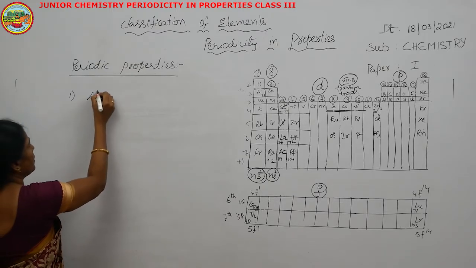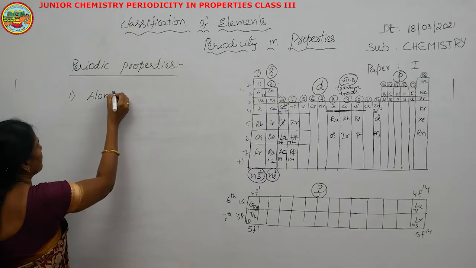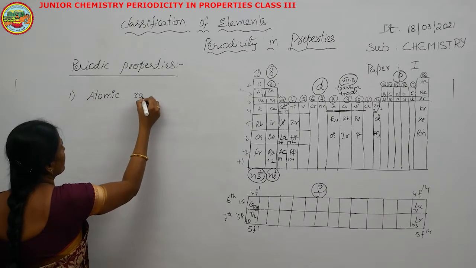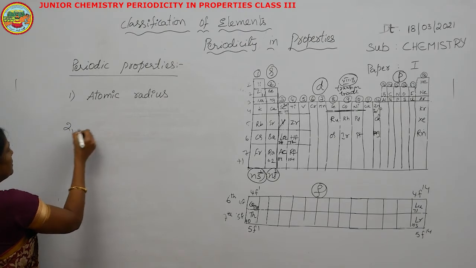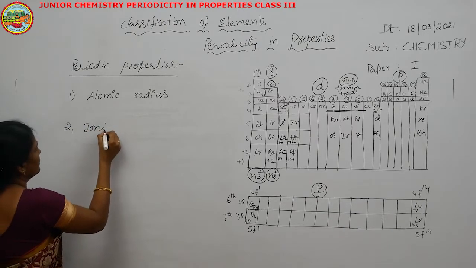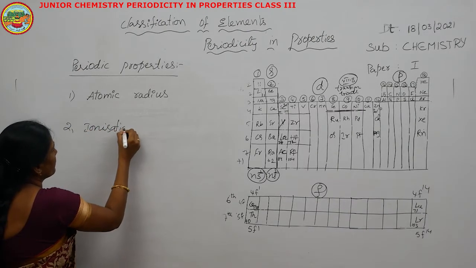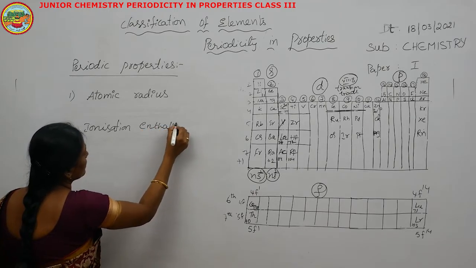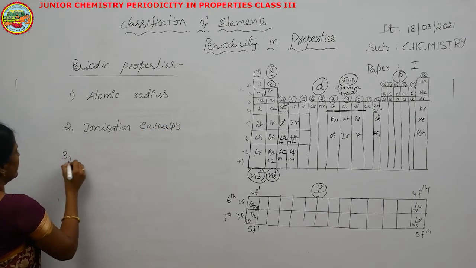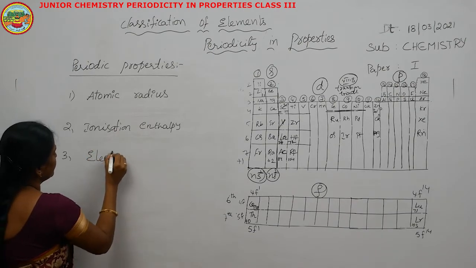First one is atomic radius. Second one is ionization enthalpy. Third one is electronegativity.